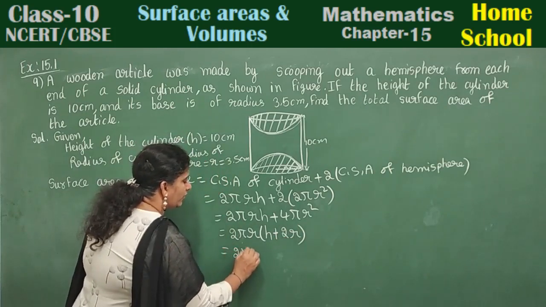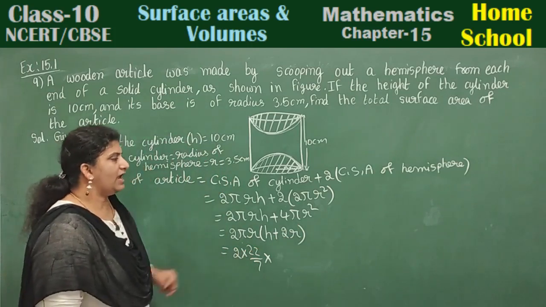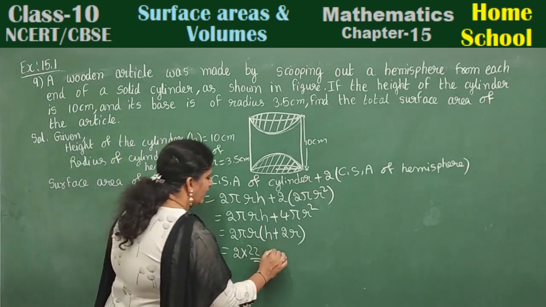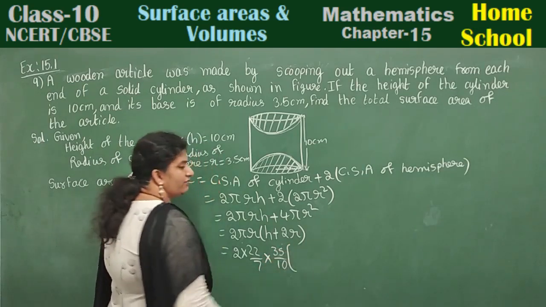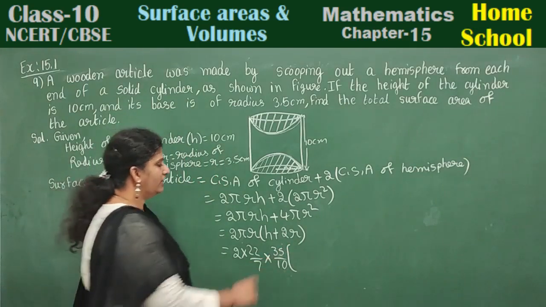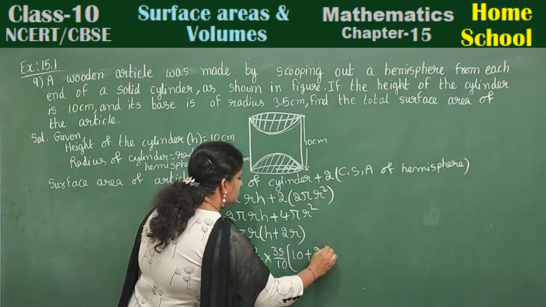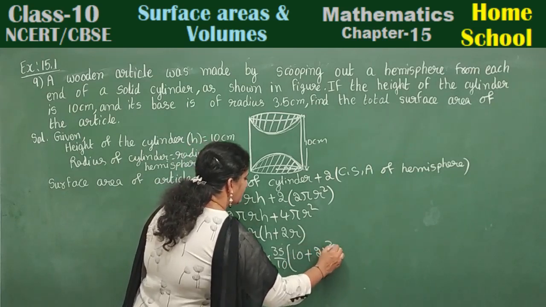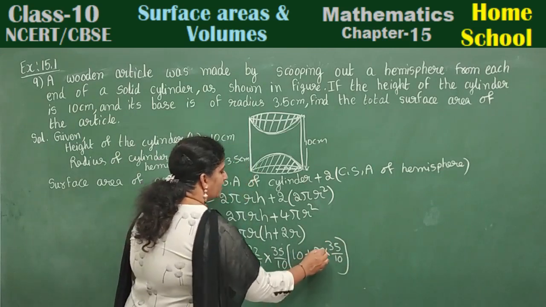Substitute now. 2 into pi value is 22 by 7 and radius is 3.5. Instead of writing 3.5, I just write 35 by 10. H, the height of the cylinder, is 10, plus 2 into radius, 35 by 10.